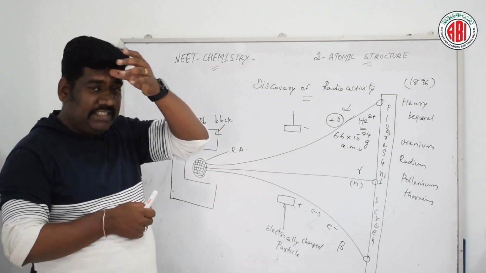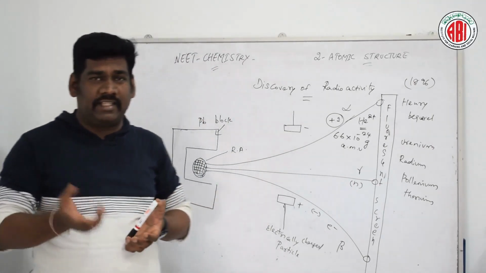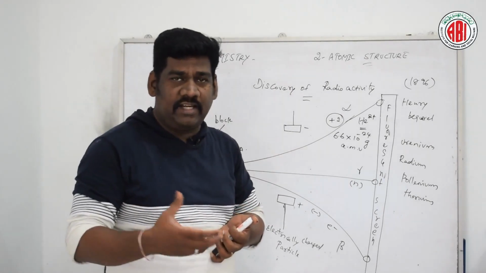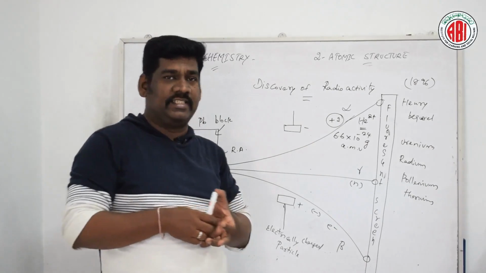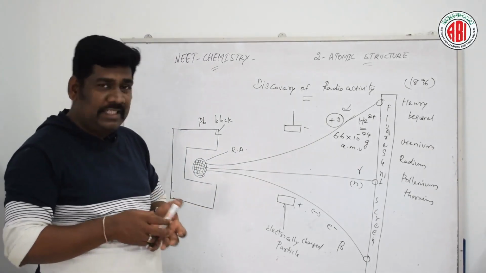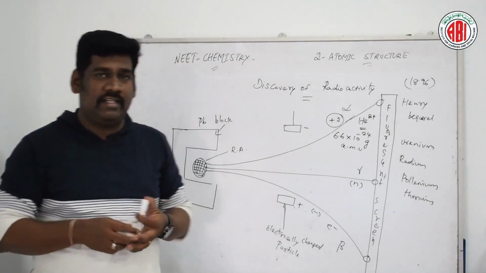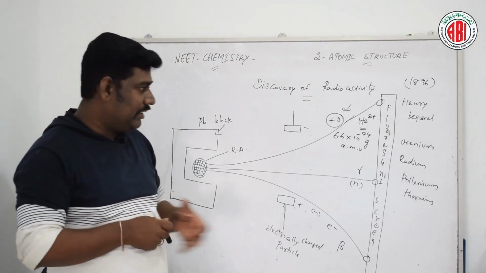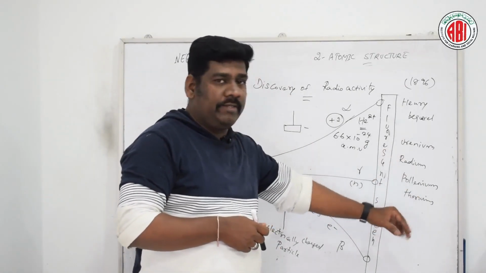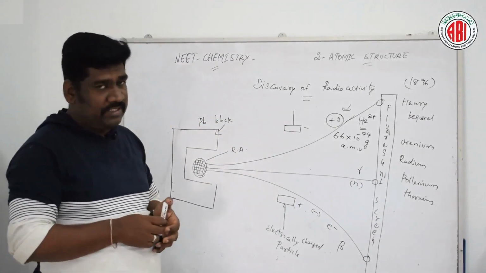Radioactivity is a phenomenon where a substance or element is able to emit continuous, spontaneous radiations. The substances involved in radioactivity are called radioactive substances, for example uranium, radium, polonium and thorium.